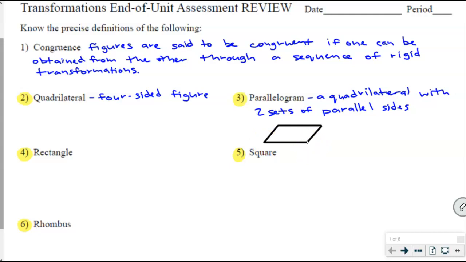Interesting things to note. Because we have two sets of parallel sides, that also means that these opposite sides that are parallel to each other are also going to be the same length. So two sets of parallel sides, that's not part of the definition, it's just a unique characteristic. Two sets of parallel sides, we'll say opposite sides are congruent.